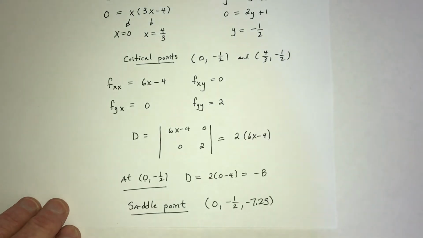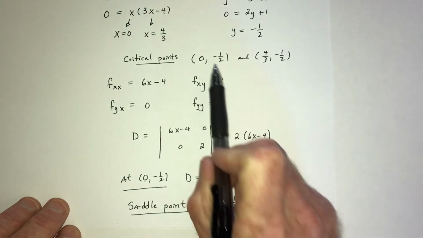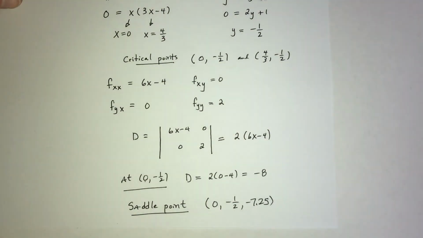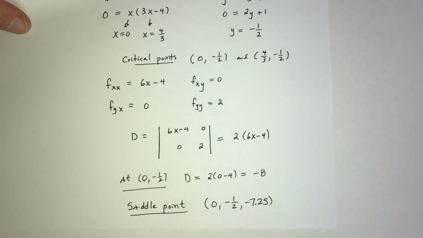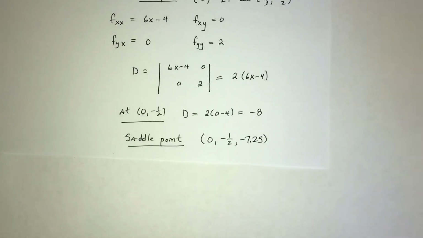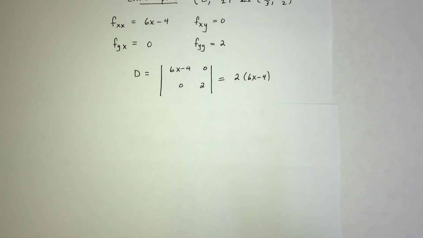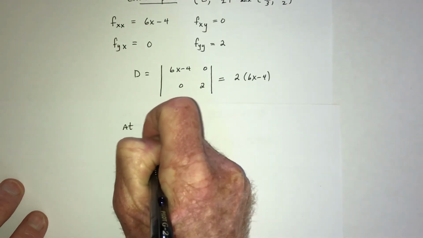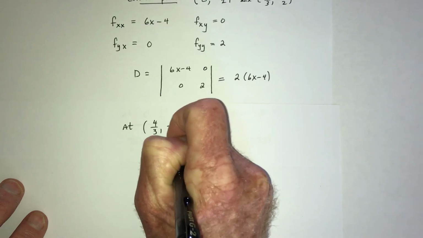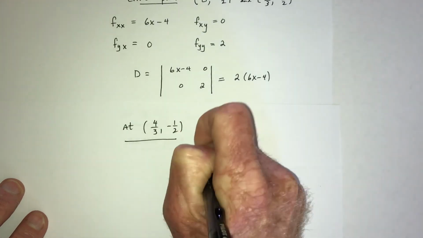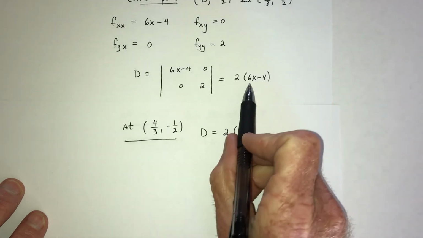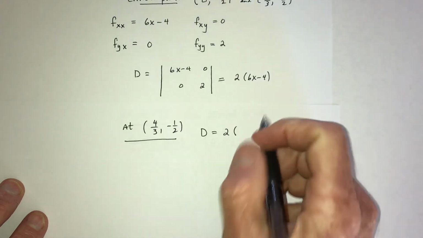All right, that's one of them. That's this one. Now I need to do the discriminant again with this point. So then at the point 4/3, negative 1/2, d will equal 2 times, and then just plug in a 4/3 right here for x.